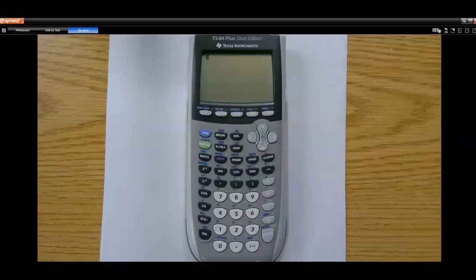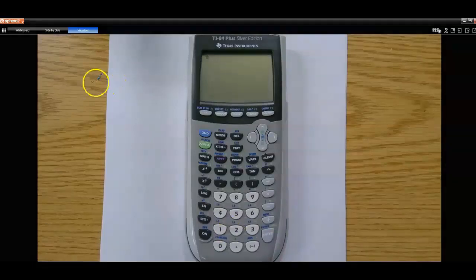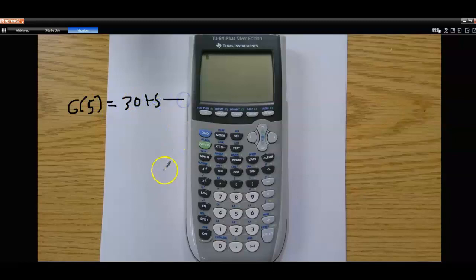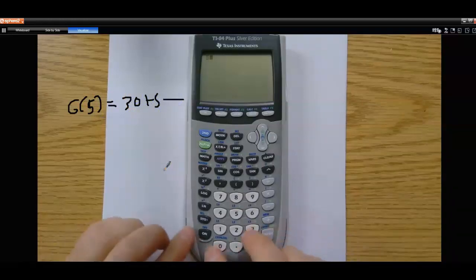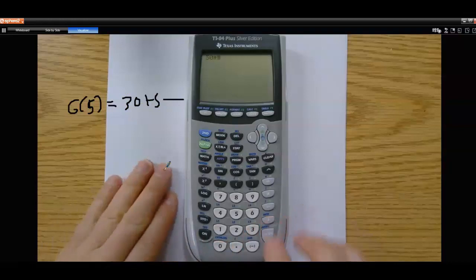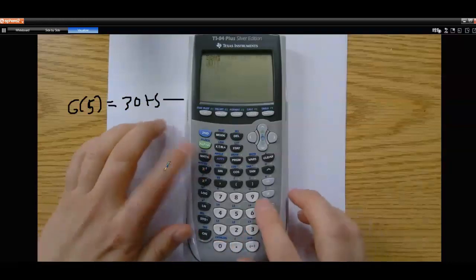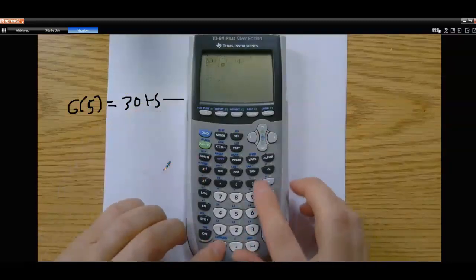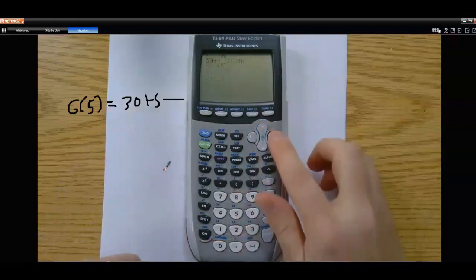So for this one, what I'm going to do is I want to figure out what G of 5 is, right? But to do that, basically what I'm going to type into my calculator is 30 plus the integral. So here we go. We have our starting amount, 30, plus the net change, which is going from 0 to 5 in this case.